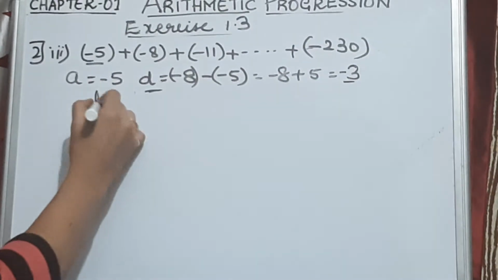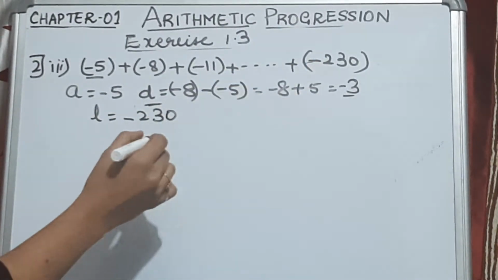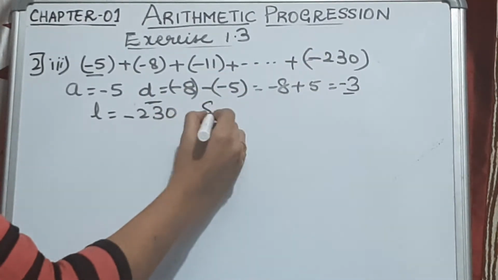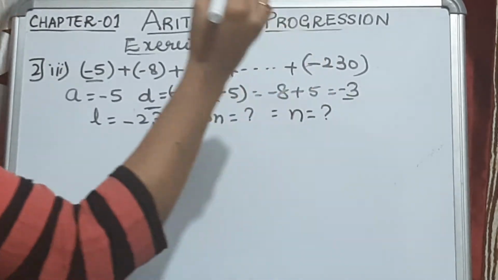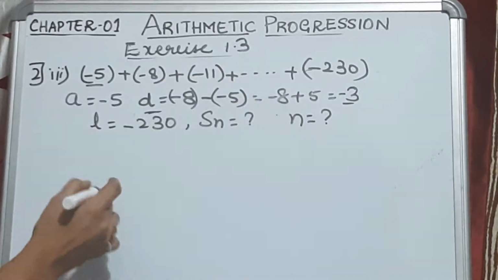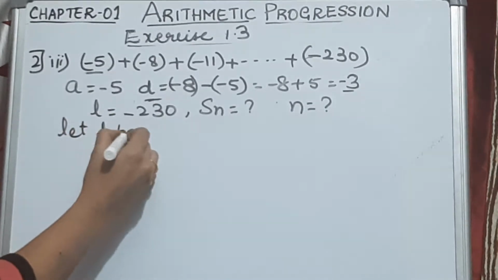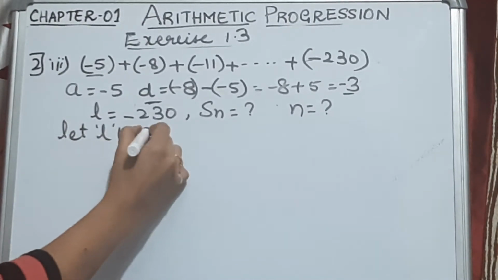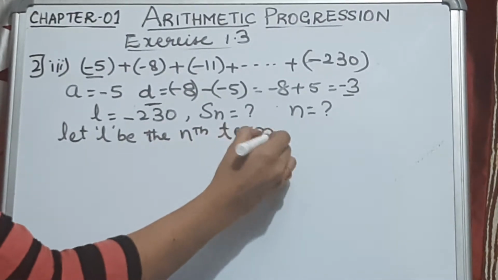Now L is given, the last term, minus 230, which is the nth term also. We have to find Sn, but n we don't know, so n also we have to find. First let L be the nth term. By using the nth term formula we find n.